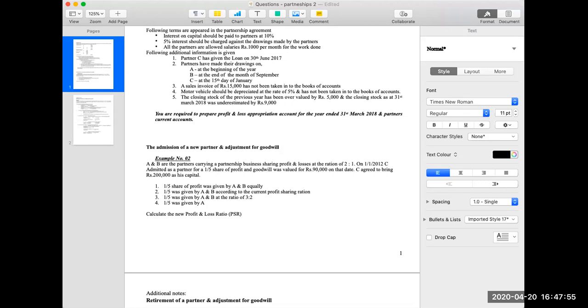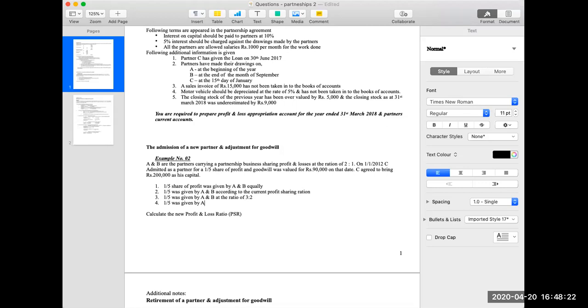Now we have to see what is 3:2 means 3 out of 5 and 2 out of 5. For A, it will be 3 out of 5. So we will calculate what is the amount or the fraction we are getting when we calculate 1/5 into 3/5.